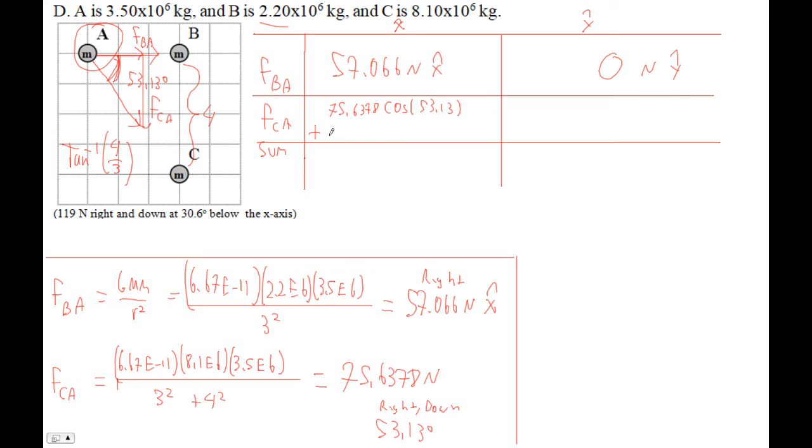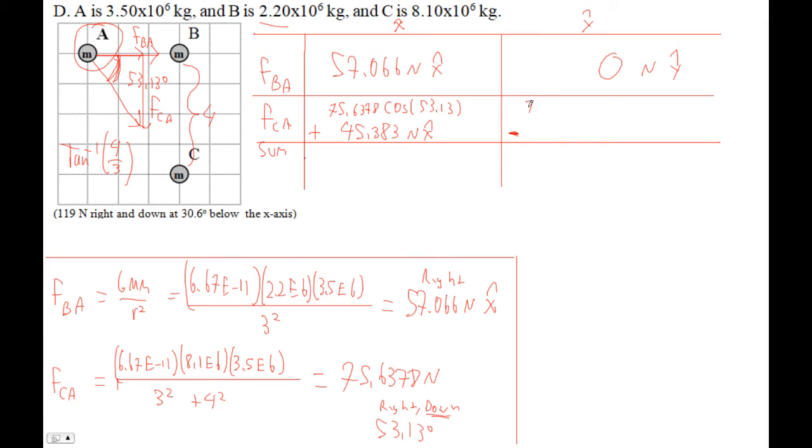Okay, so let's find that. Cos of 53.13. I got it. 45.383 newtons in the x direction, right? It's positive. It's to the right. And then this guy will be negative, right? Because it's down. This is a downward component. It's to the right and down.